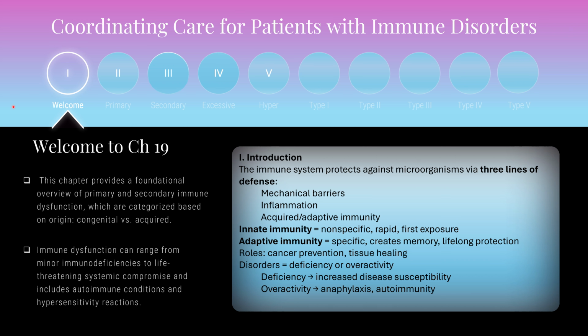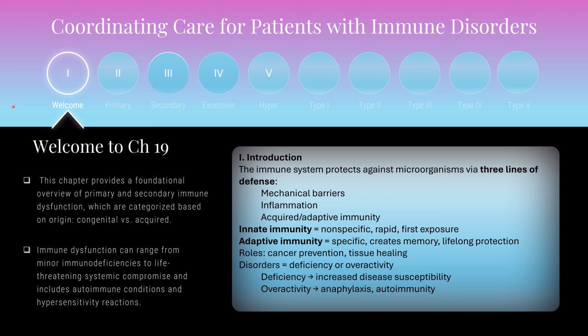So immune dysfunction can range from minor immunodeficiencies to life-threatening systemic compromise and includes autoimmune conditions and hypersensitivity reactions. The chapter has 2 overviews in the introduction that start it. The immune system protects against microorganisms via 3 lines of defense: mechanical, inflammation, and acquired adaptive immunity.